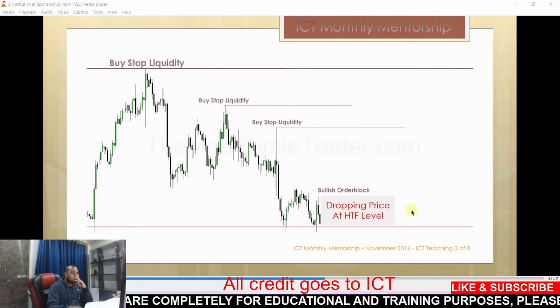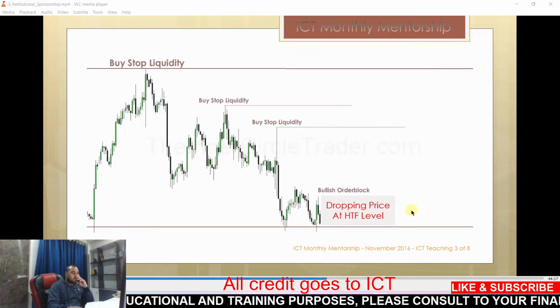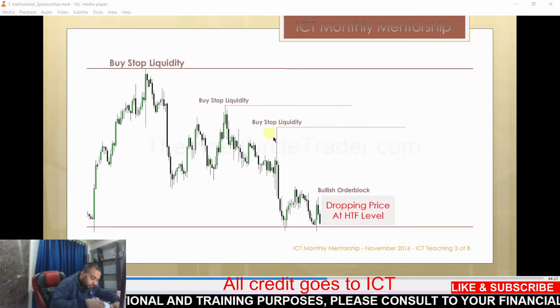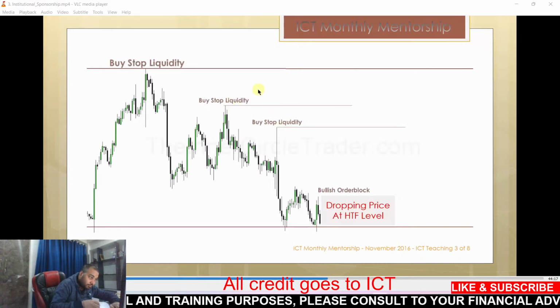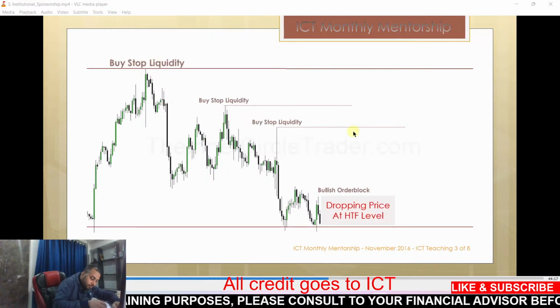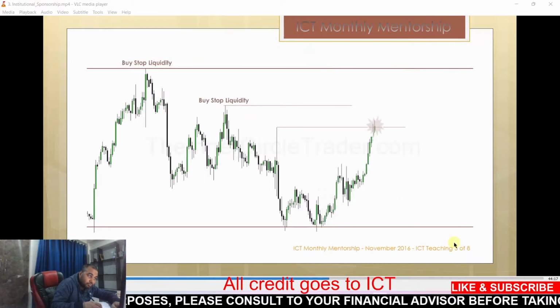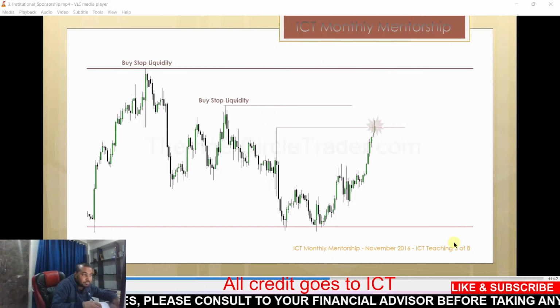Each time the market goes up and takes out a level of buy stop liquidity, we don't collapse the trade entirely. We don't look for reversal patterns. We do not look for divergence in indicators every time we get to an old high here. We're looking for a willingness to keep moving higher to run these longer term buy stops. As price takes that first level out, those buy stops are gone.